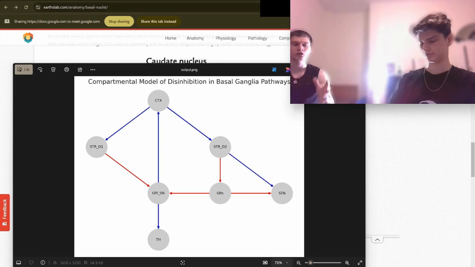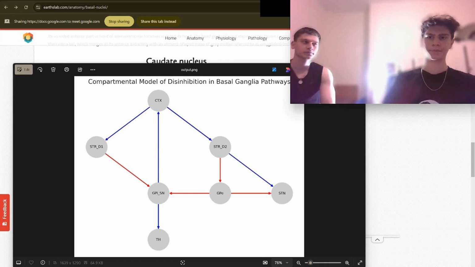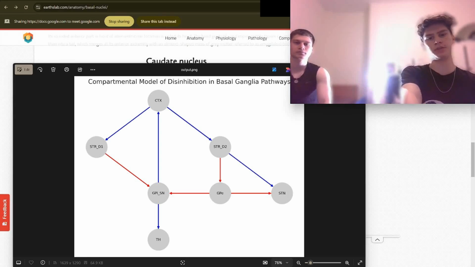So you have these two pathways for inhibition of the SNR and the GPi to then excite the thalamus, and then you only have one pathway for the indirect, which means that there is more excitation, there's more drive for the direct pathway to initiate your movements. This model nicely shows the inhibition which excites the thalamus and the cortex.